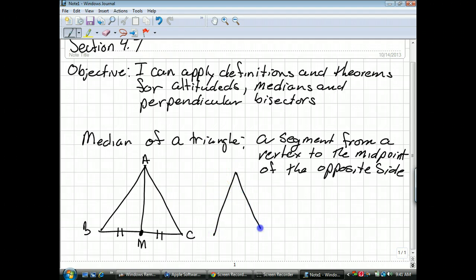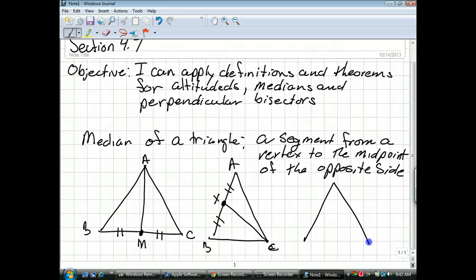Or, this is supposed to be the same triangle, A, B, C. From vertex C, then X would be the midpoint of AB, and segment CX would be the median from C to AB. And so therefore, AX would be congruent to BX.